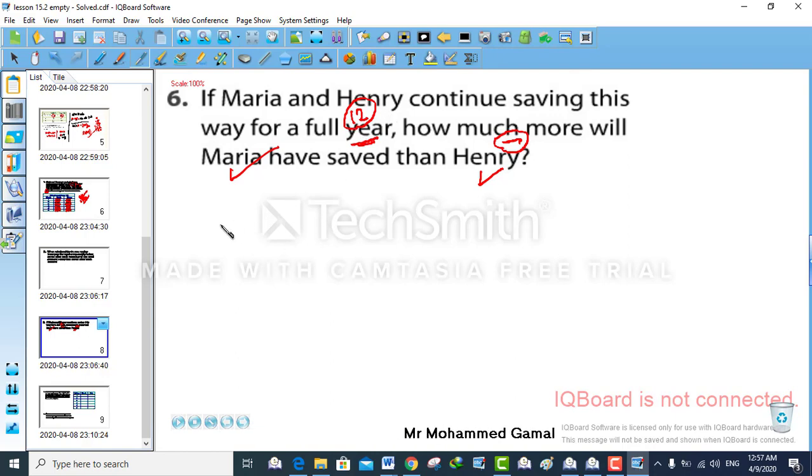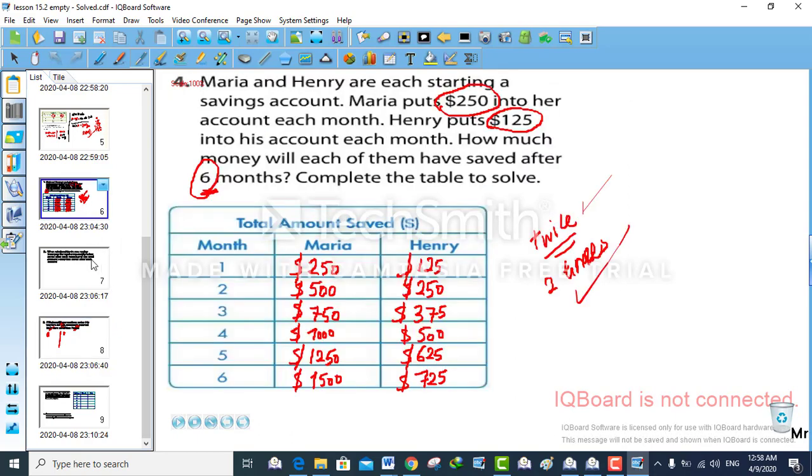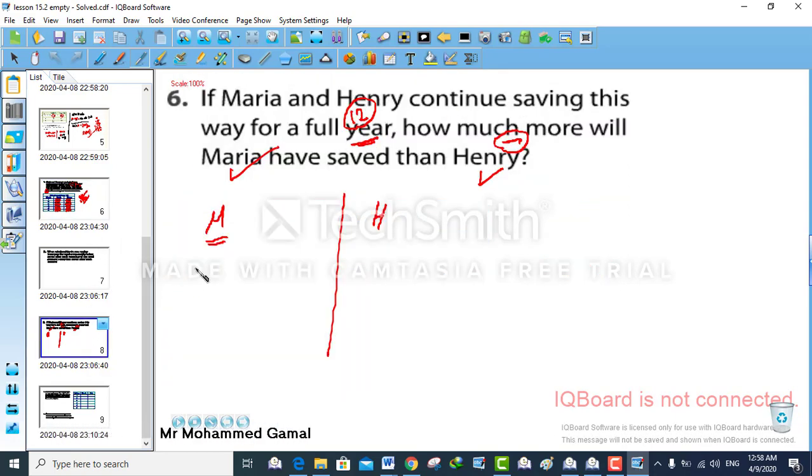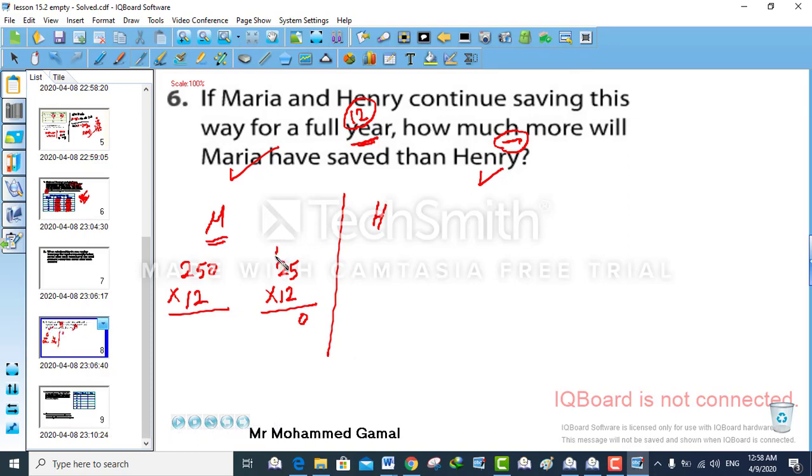So here for Maria, M, and here is Henry, H. Maria started with 250, so I will multiply 250 by 12. To make it easier, I will just multiply 25 by 12. 2 by 5 is 10, carry up 1. 2 by 2 is 4, and 1 is 5. 1 times 5 is 5, but don't forget the 0. 1 by 5 is 5. 1 times 2 is 2.